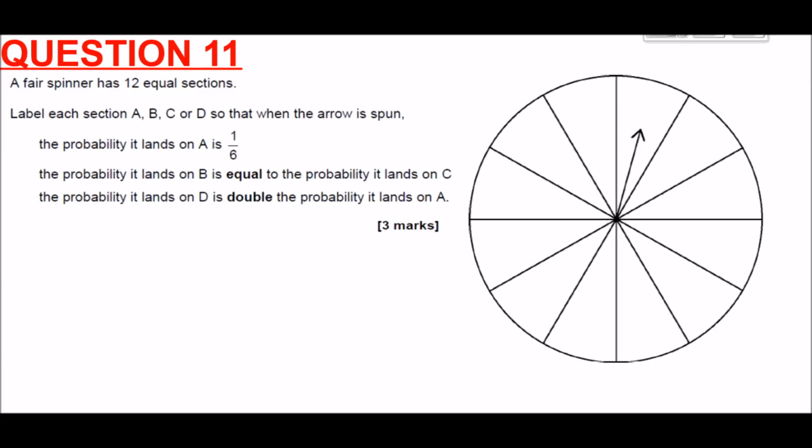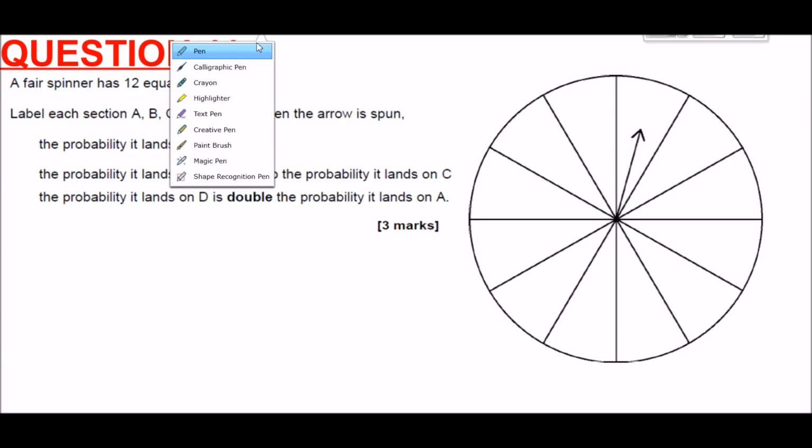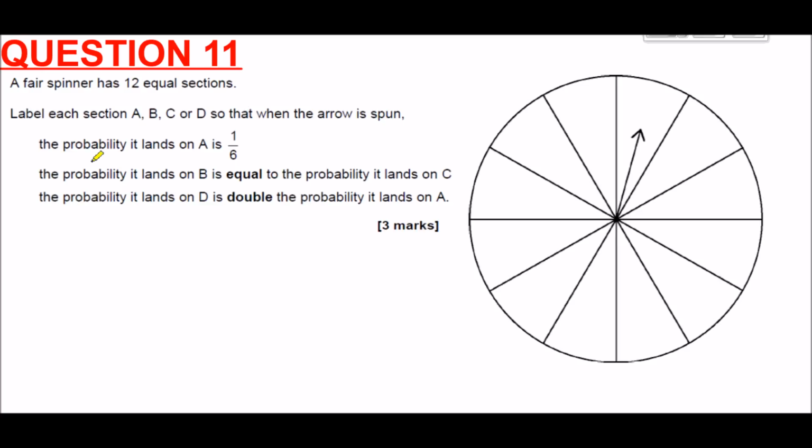Question 11, we've got a probability question relating to a fair spinner which has 12 equal sections. So we need to label each section A, B, C or D so that when the arrow is spun, the probability it lands on an A is 1/6. Let's just think of that for a second.